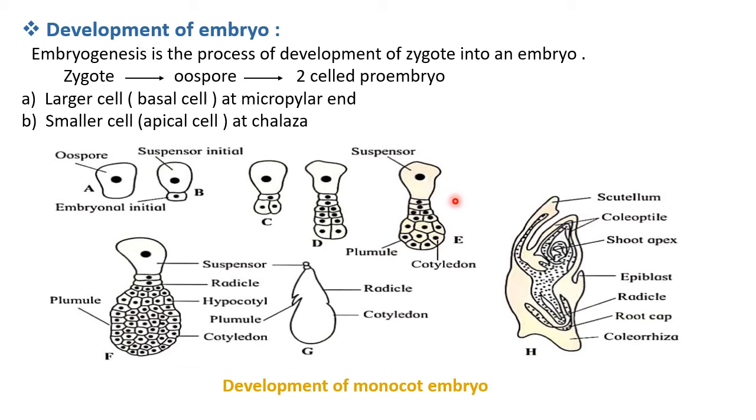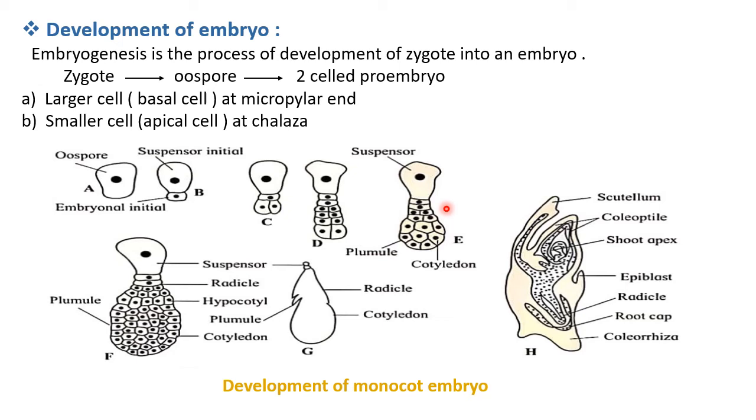Haustorium helps to absorb nutrients from the developing endosperm for the development of embryo. The lowermost cell of suspensor is called hypophysis. The suspensor helps in pushing the embryo into the endosperm.